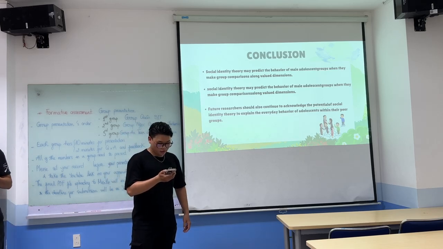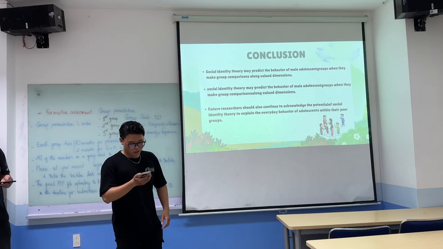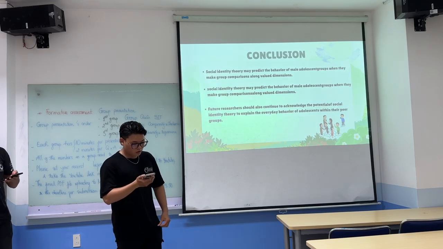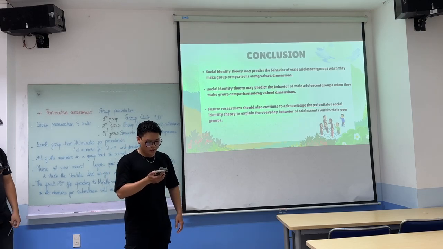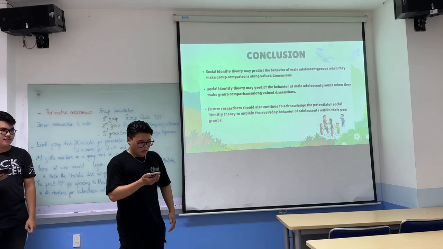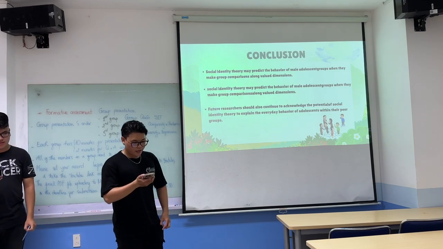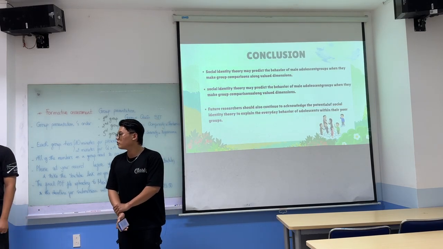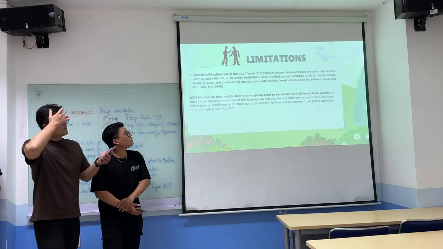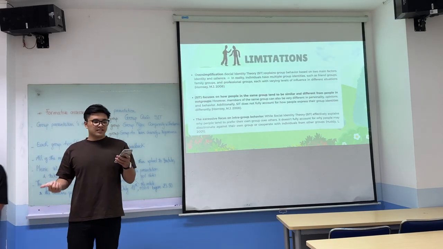Future research should also continue to acknowledge the potential of social identity theory to explain the everyday behavior of adolescents with their group. And next, we'll talk about how this theory has some limitations.